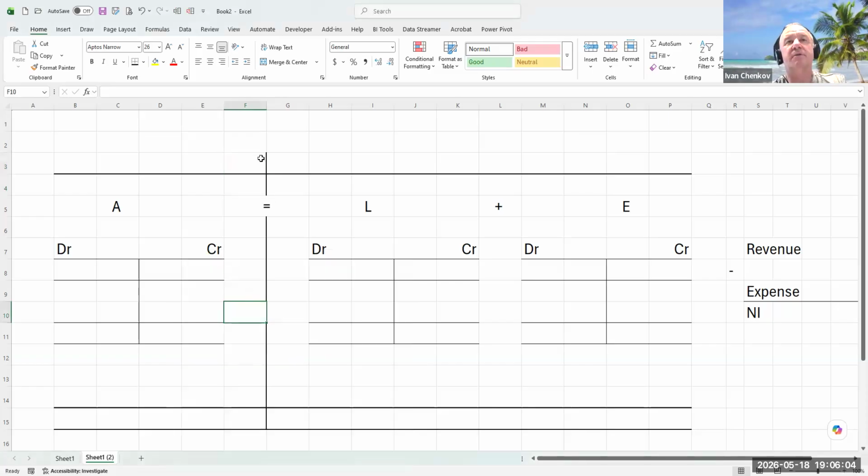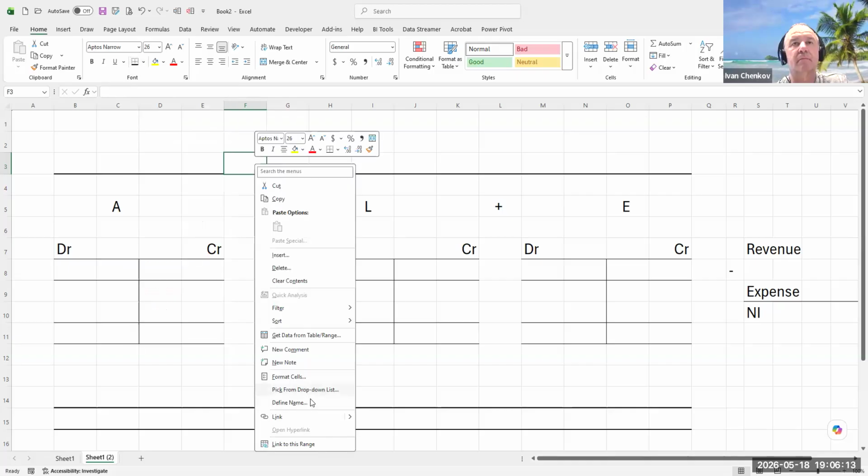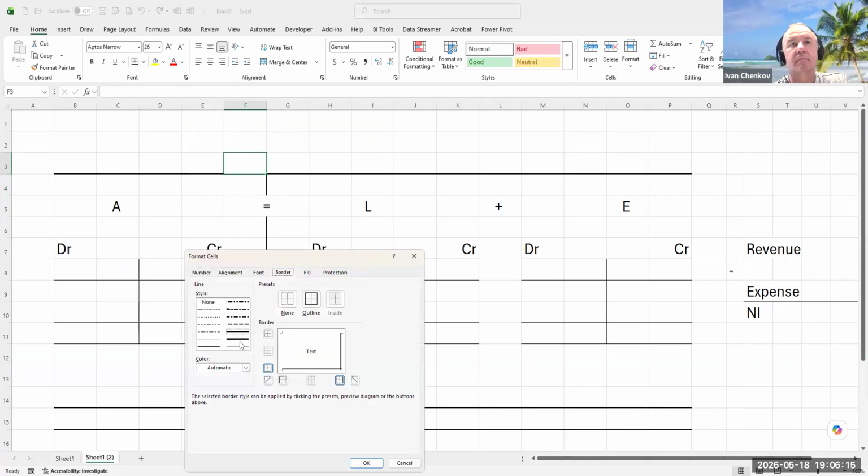Okay, now we have this big ginormous T account. Actually, this one I don't need on the top. Let's eliminate only this. Okay.